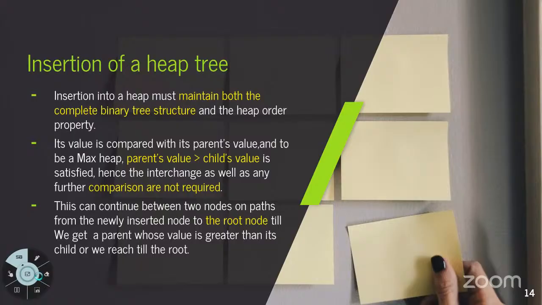Its value is compared with its parent's value always. If you want to insert a new element, that new element is always compared with the parent node. And the child value is always satisfied here.